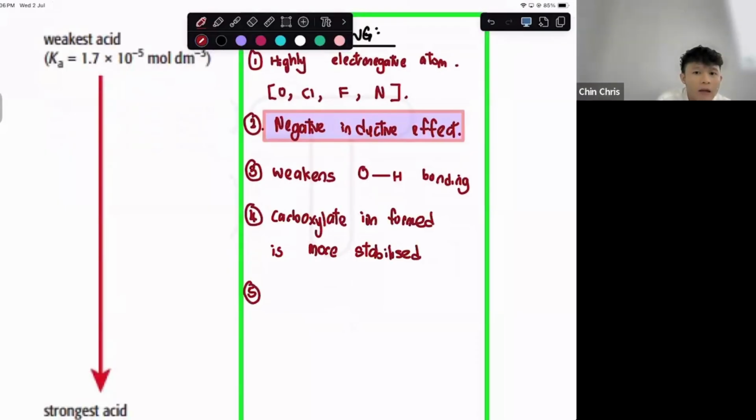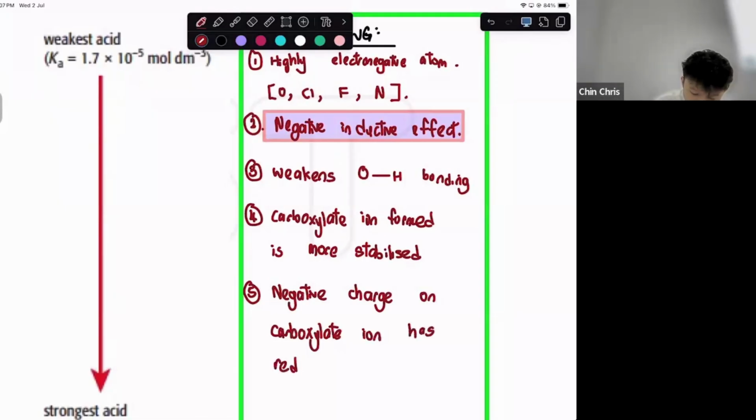Which means the negative charge on your carboxylate ion has lower, or reduced, charge density.